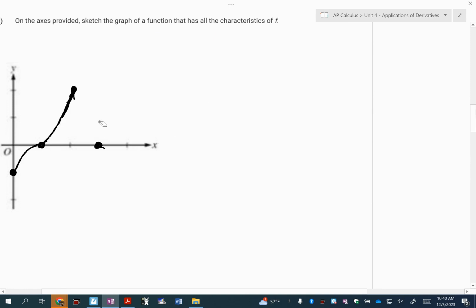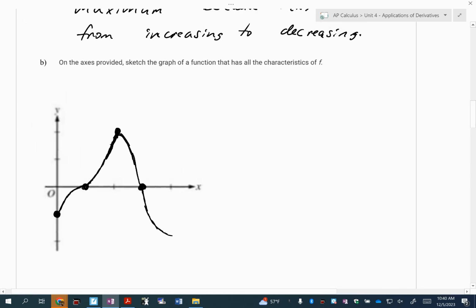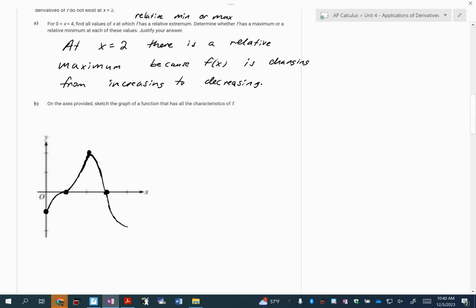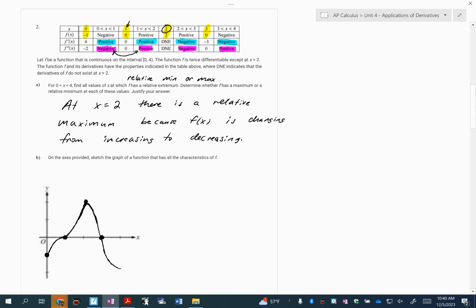So more like a frown to start. So more like this. And then we're going to be more concave up as we move to the end. And again, it doesn't tell me where 4 is, so I'm just going to stop, maybe there. All right, so that's it for graphing using these characteristics, and that's actually the entire question for number 2.